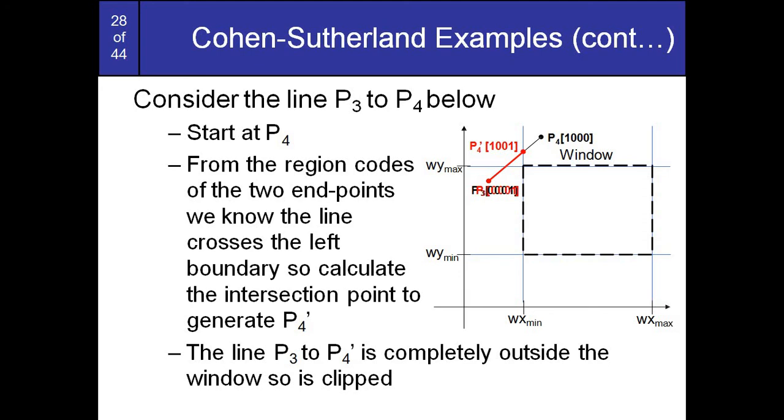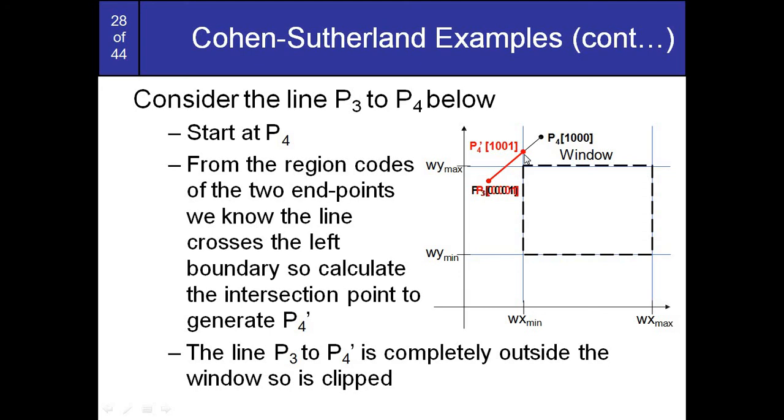Now again, another Cohen-Sutherland example. We have the points P3 and P4. We start at P4, and from the region codes of the two endpoints we know that the line crosses the left boundary, so calculate the intersection point to generate P4 dash. According to the values of this point, we can detect that it will intersect the left boundary and generate a new intersection point, that is P4 dash.